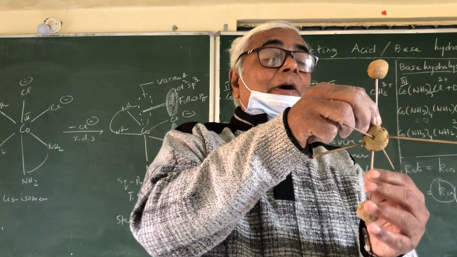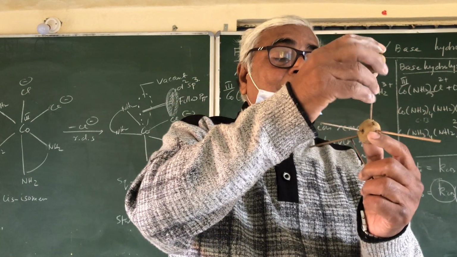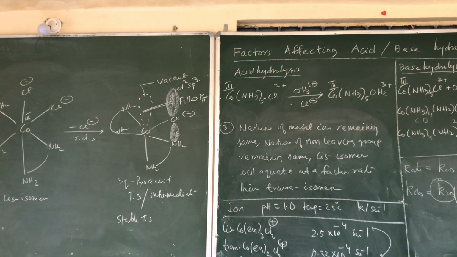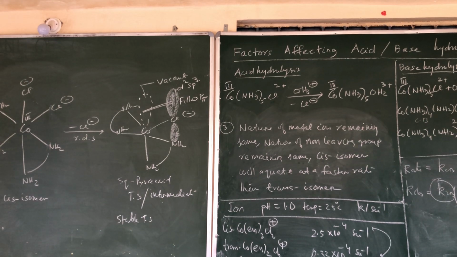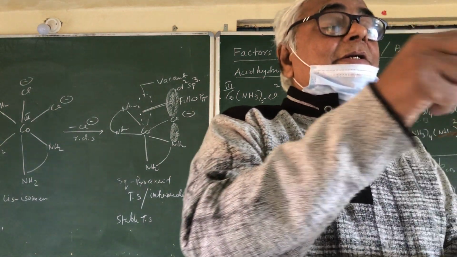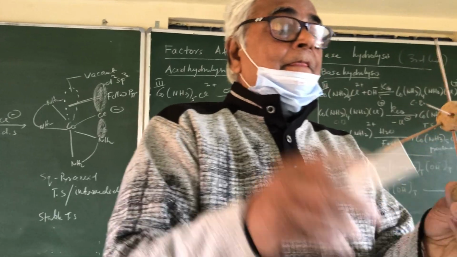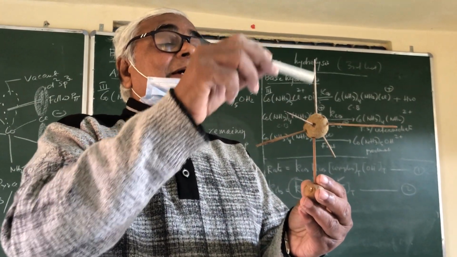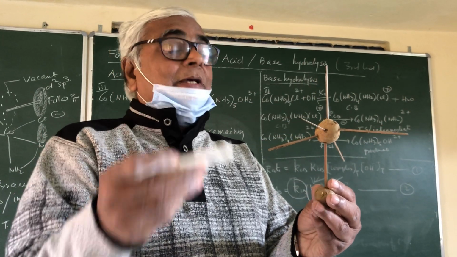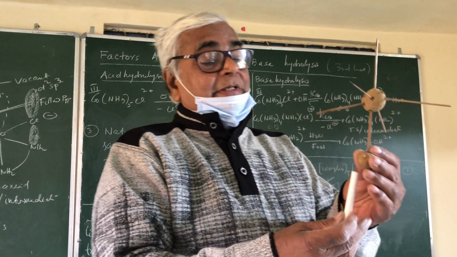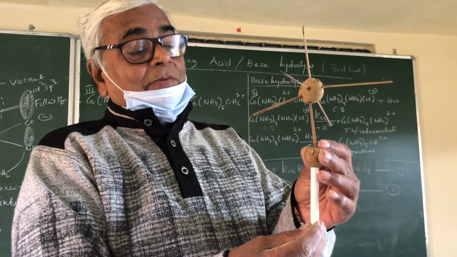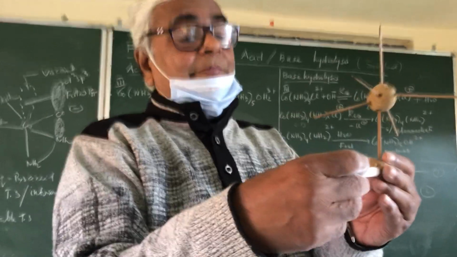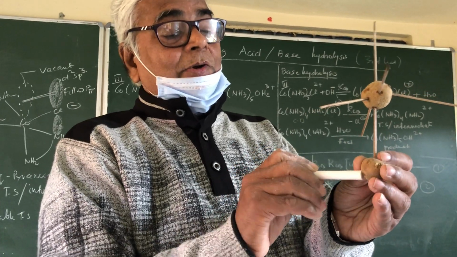Suppose one chloride is lost, this chloride goes out. Then the vacant d2sp3 orbital will be here. Now the filled pz orbital will be here. This is sigma. Another p orbital will be here.